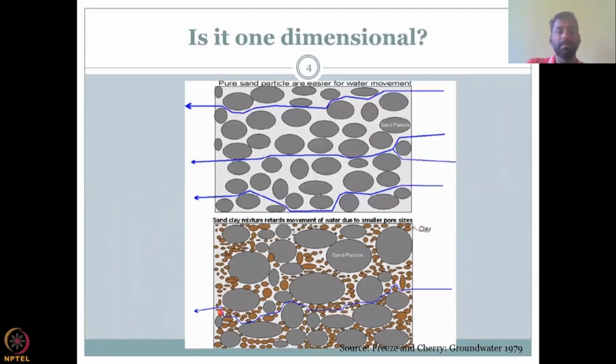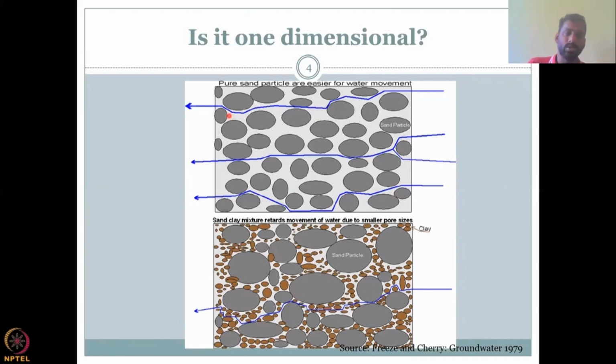But before that, we need to understand that all my diagrams till now, all the book diagrams also, show one-dimensional movement, either left to right or right to left. For example, pure sand particles are easier for water movement because water passes through easily. Pure sand has a high effective porosity, which means the fraction of connected pores is very high.